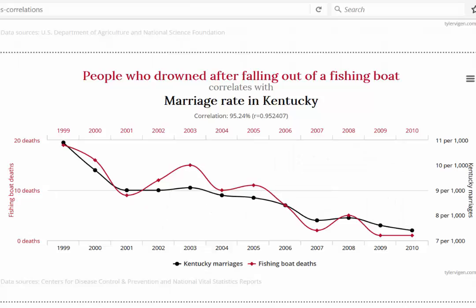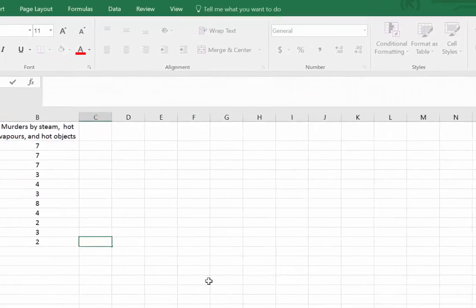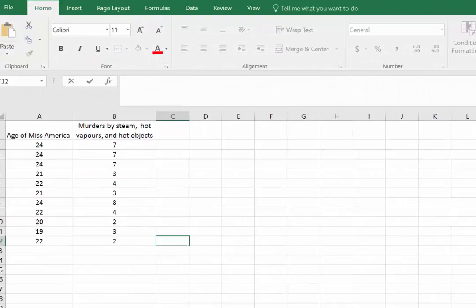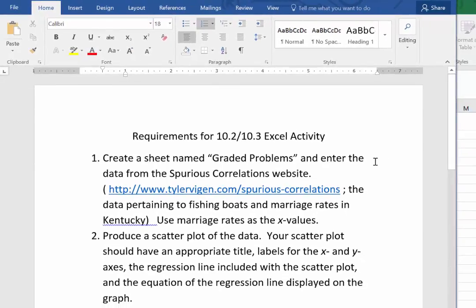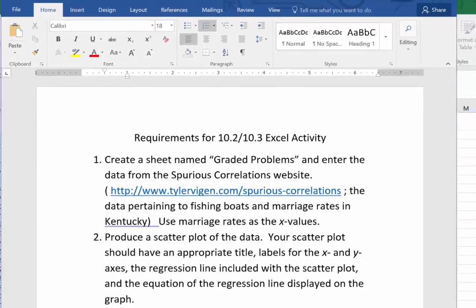Okay, so now go back to my page here. And the first thing I want you to do, I think, is just produce, after you get that entered, a scatter plot. We'll give it a title, label the axes, make sure we show the regression line and the equation of the regression line.